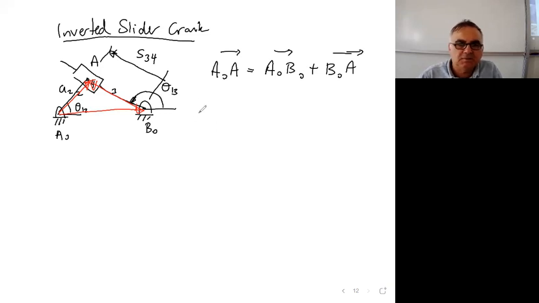So I can write A2 e to the I theta 1, 2 is equal to A0B0, a fixed length of A1, plus S34 is the link length, e to the I theta 1.